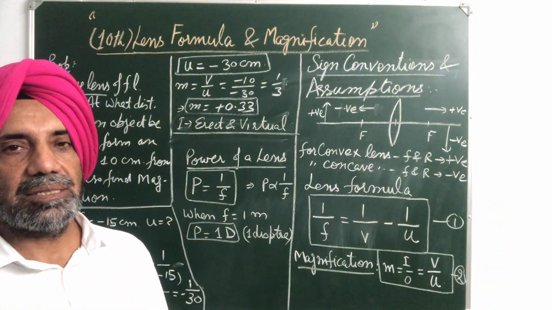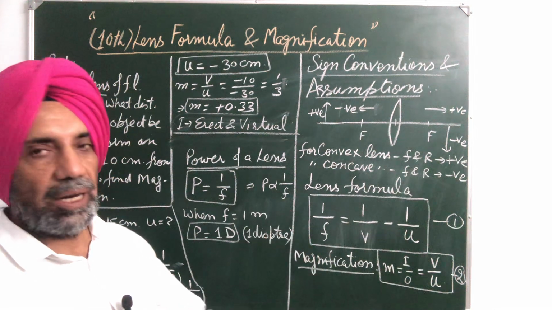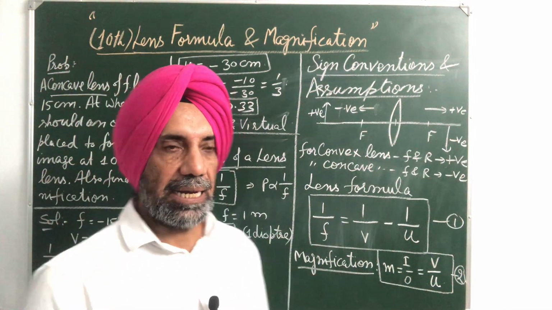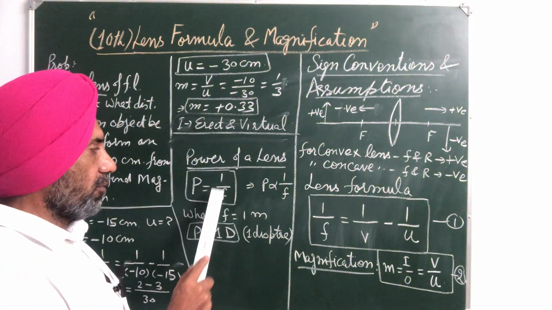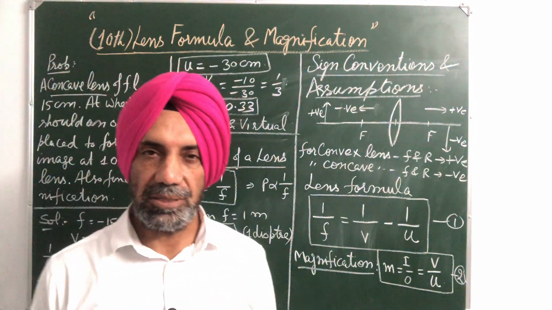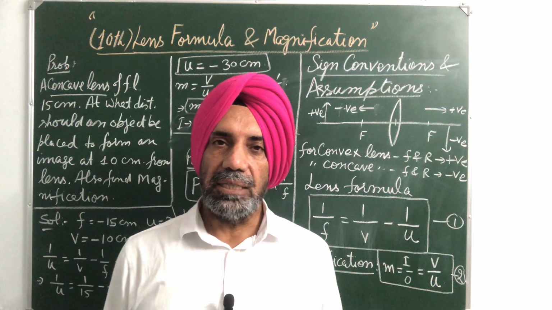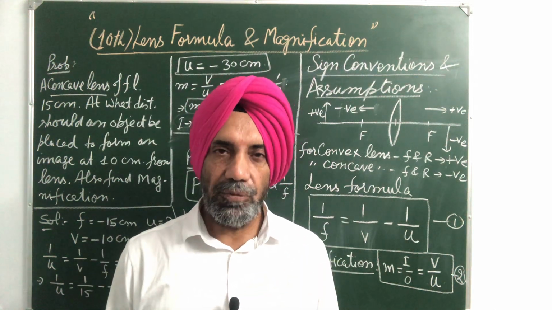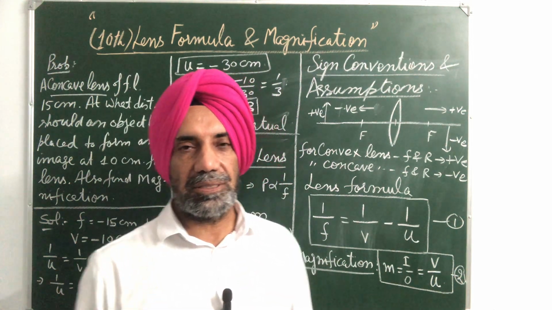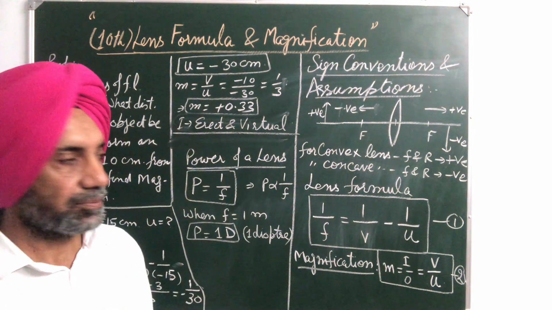Power of a lens is inversely proportional to the focal length of the lens, and it is defined as the reciprocal of the focal length of the lens. In other words, power measures the degree of convergence or divergence of a lens.